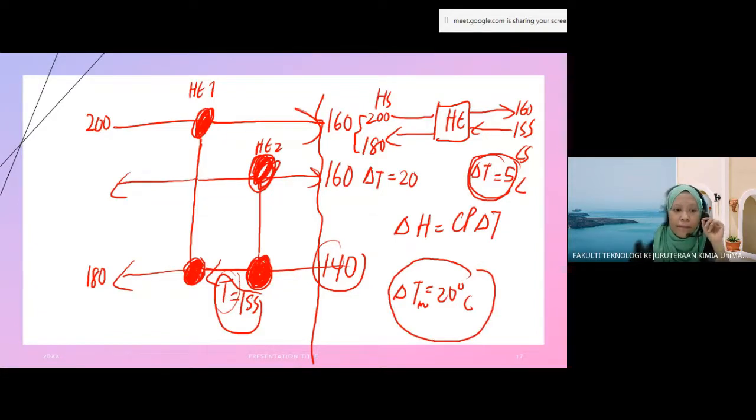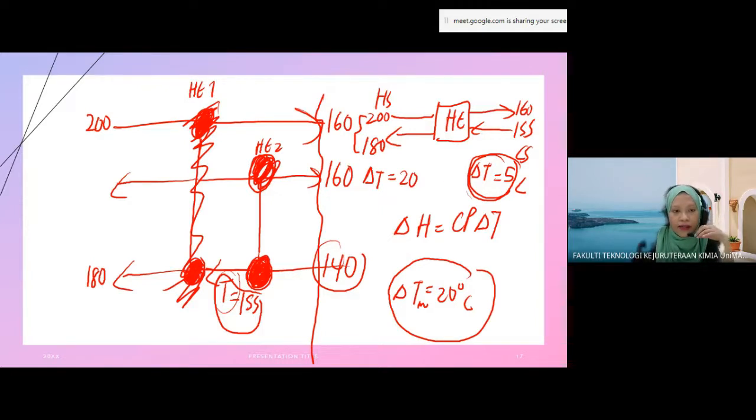So you cannot pair. You need to remove this pairing because it is not feasible, because the value of delta T here is lower than the value of delta T min. If you refer to the three pinch principles, the first principle is that your delta T cannot be less than delta T min.